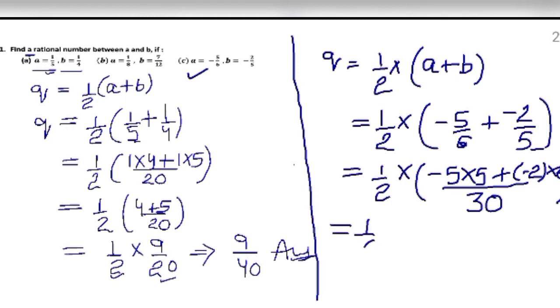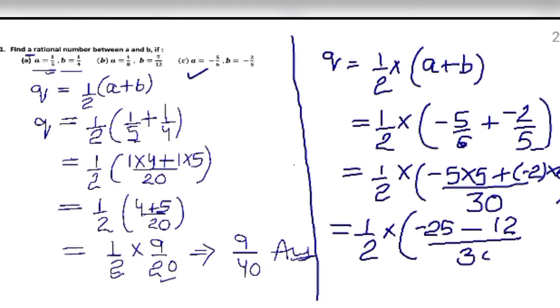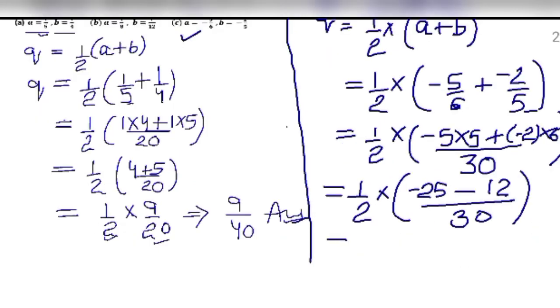Now 1 upon 2, 5 5s are 25 with minus sign, plus minus 2 6s are 12 upon 30. Now 1 upon 2 multiply, both have minus sign, so sign will be minus and the values will be added. 25 plus 12 will be 37 upon 30.